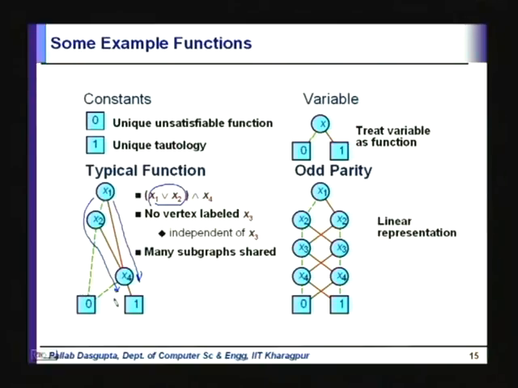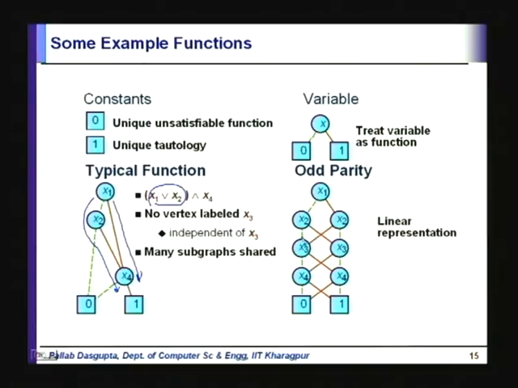and so on. This is a BDD for odd parity, right. So, the function will be 1 when you have odd parity. So, if only x1 is 1 and the other two are 0, then it is 1. If x1 is 1, x2 is 1 and the remaining two are 0, then it will become 0 because it is even.